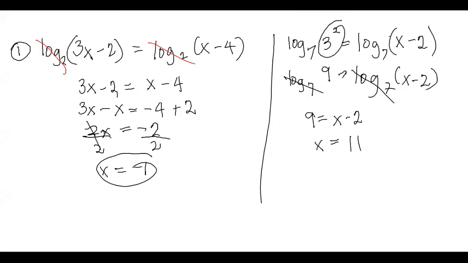Case number 2 natin, class, paano kung isang side lang yung may logarithm? Let's take for example, logarithm of x minus 2 with the base 3 is equal, kunwari, 4.